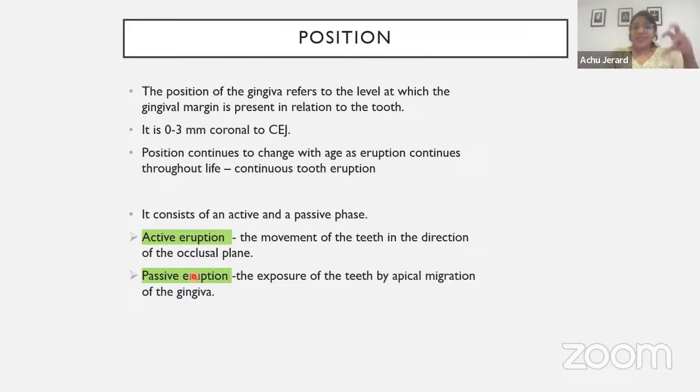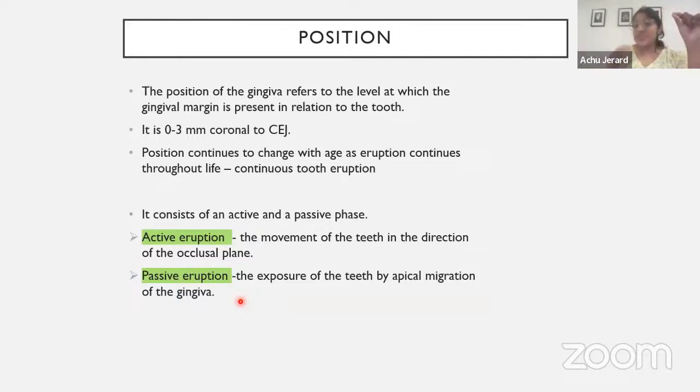It is because of this passive eruption, as I've told you, that the width of gingiva changes with age. The mucogingival junction is a stationary landmark. But the tooth continuously erupts in the oral cavity with the apical migration of the coronal marginal gingiva.